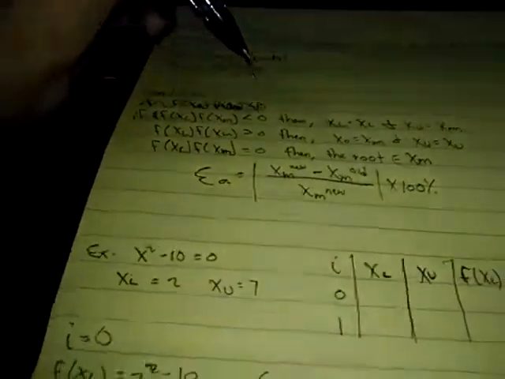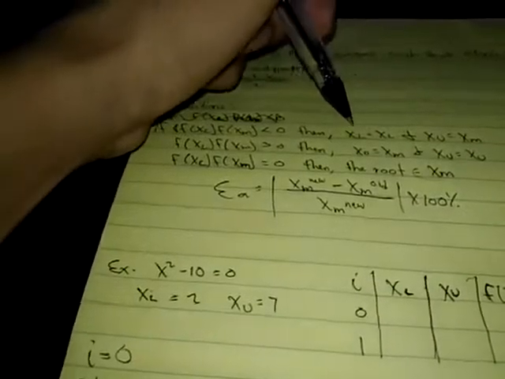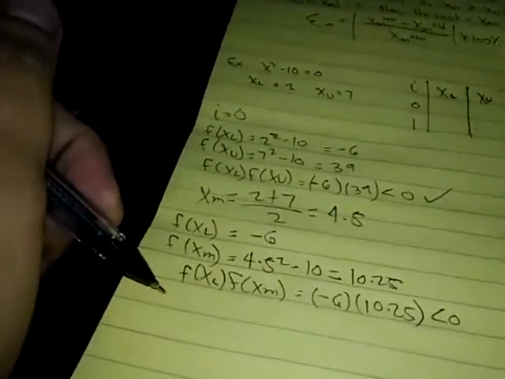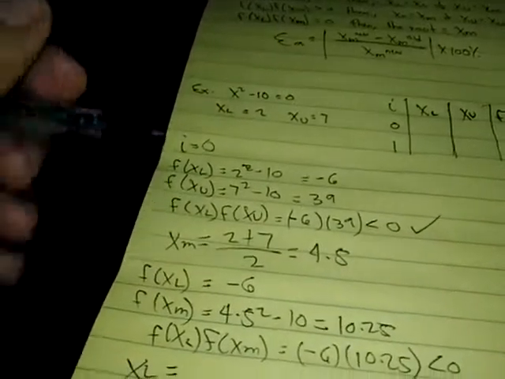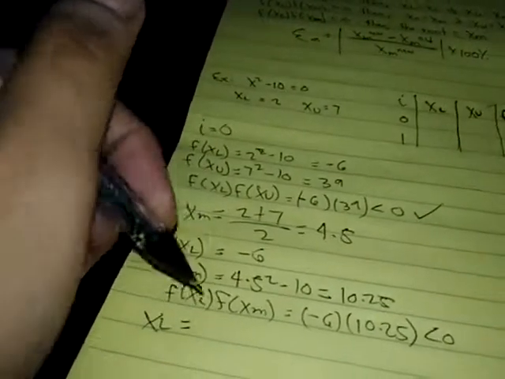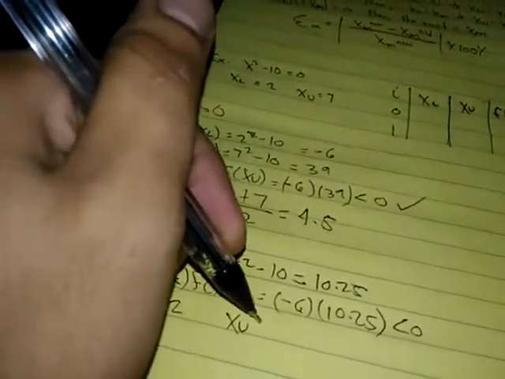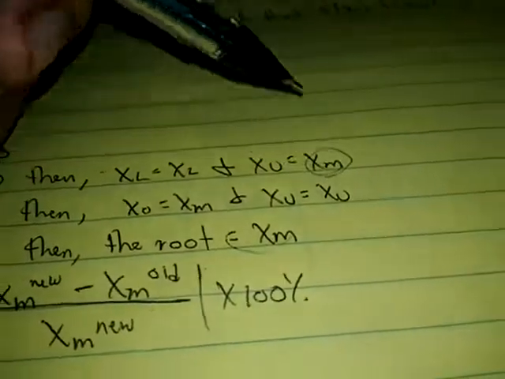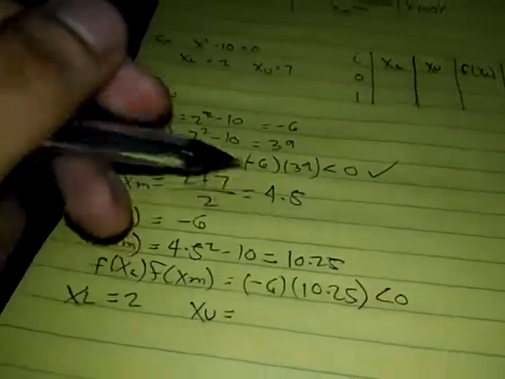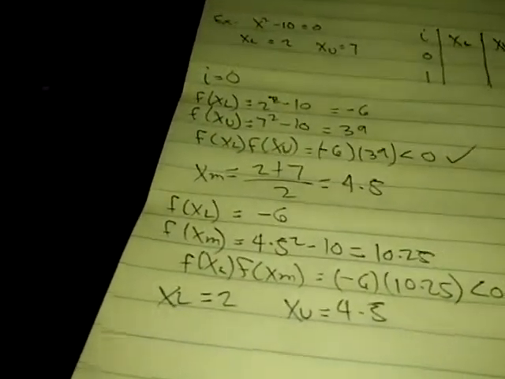So, ibig sabihin nun, sa second iteration, xl is equals to xl pa rin. So, yung value ng xl natin is 2. Then, the upper limit, xu, is equals to the value of xm. So, yung xm natin ay 4.5. So, dito na tayo sa second iteration.